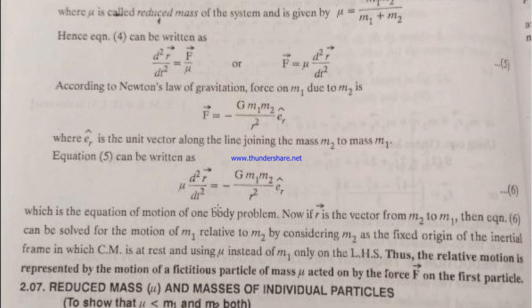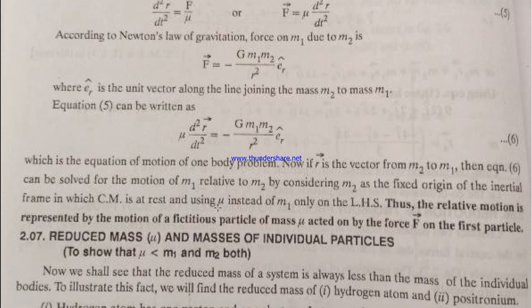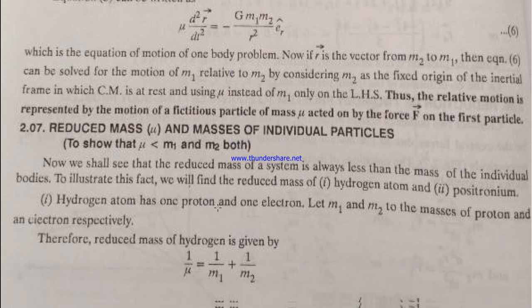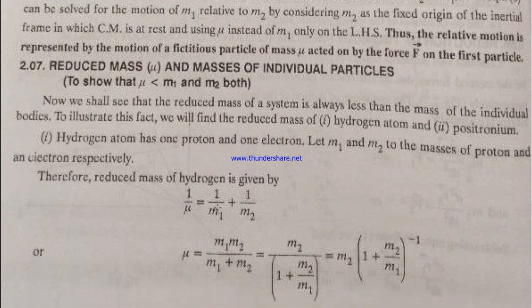Now we can see a special case. If the two particles have masses m1 and m2, the reduced mass we have already defined as 1 over mu equal to 1 over m1 plus 1 over m2, or mu is equal to m1 m2 over m1 plus m2. Dividing the numerator and denominator by m1, we have m2 over 1 plus m2 over m1.